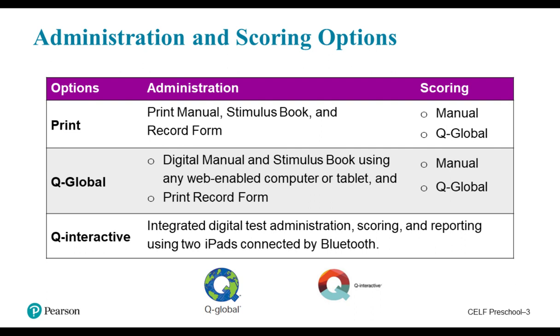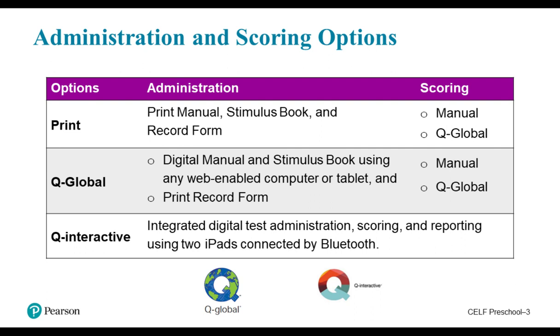So what are the administration and scoring options for CELF Preschool-3? Like for other assessments, you have 3 different options: a print option, a Q Global option, and a Q Interactive option. For the print option for administration, you will need the print manual, the print stimulus book, and the print record form. For scoring, you have 2 options: using the lookup tables in the manual, or using the Q Global platform.